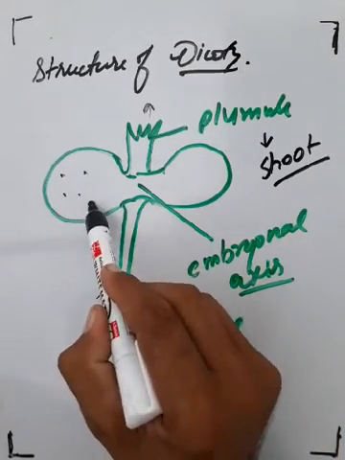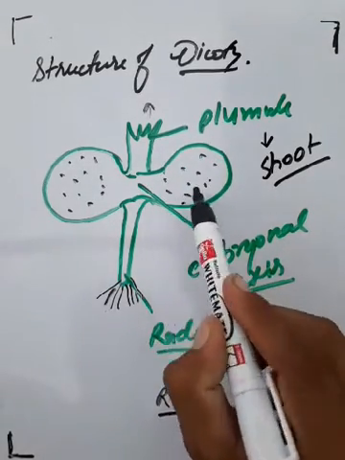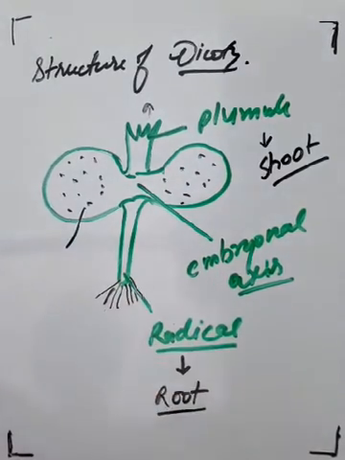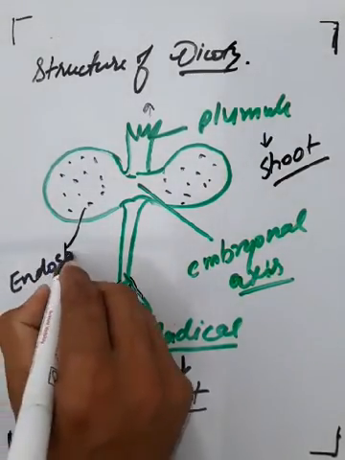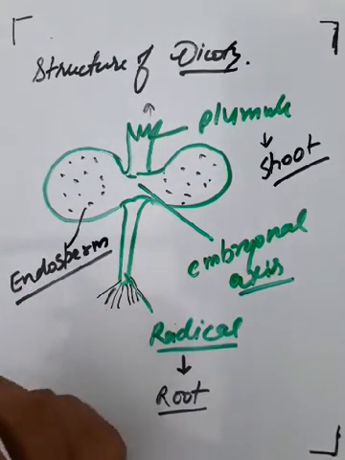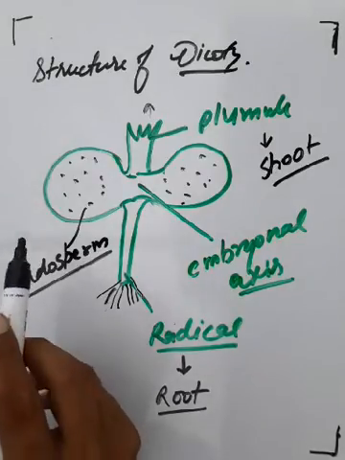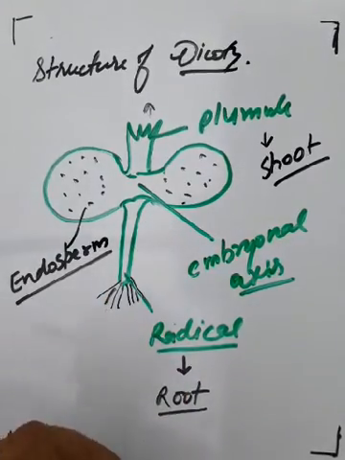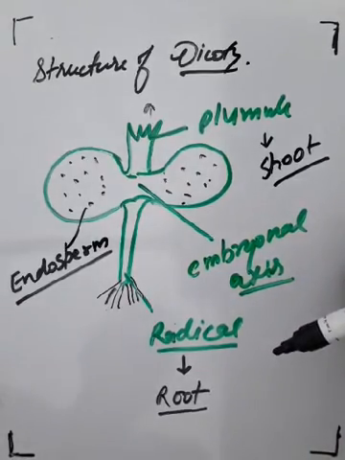Before germination, these cotyledons have a nutrition medium that is known as the endosperm. This endosperm is reserved in these cotyledons. Before germination, that endosperm will provide nutrition to the embryo so that the plumule and radicle can develop from the seed.